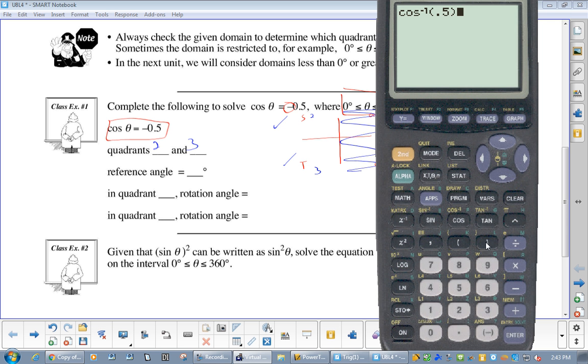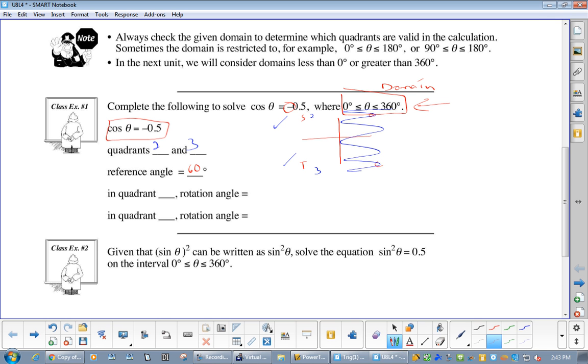I'm not going to put negative 0.5. You never put the negative. And you get 60. Now that is your reference angle. Okay, so you get 60 degrees. And make sure you use inverse cos of 0.5. Right, so we're always going to be doing absolute value, and we got 60 degrees.